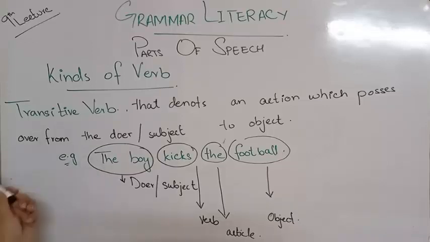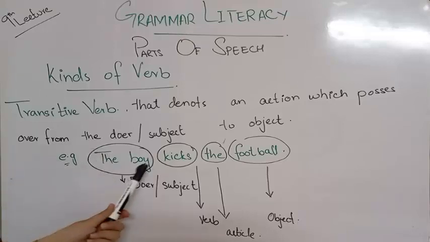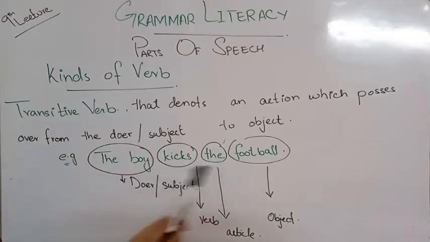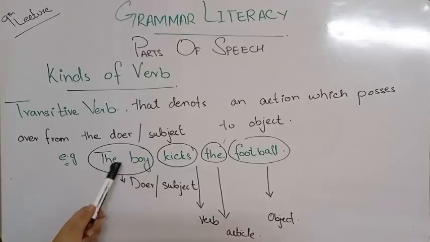Okay, now look at the examples so that the things will be clear. I'm going to give you two examples. First one is, the boy kicks the football. So here the boy is the doer. Kicks, as I told you, whatever the boy is doing is the action word, and the action word is the verb in English grammar.